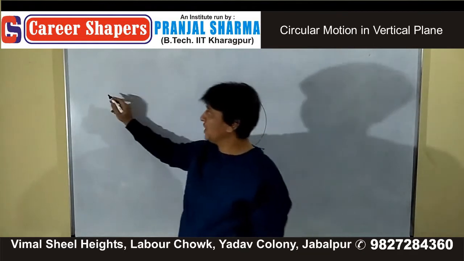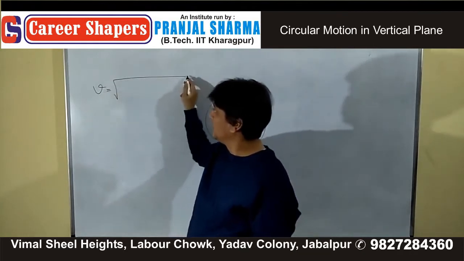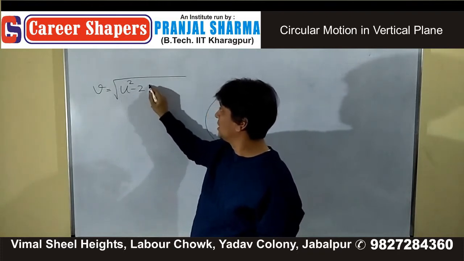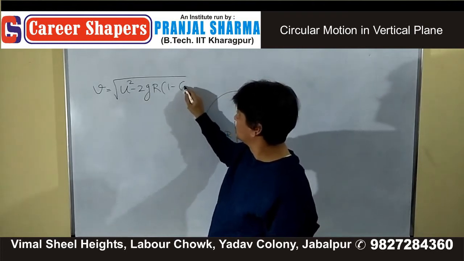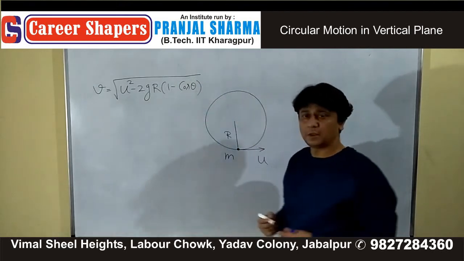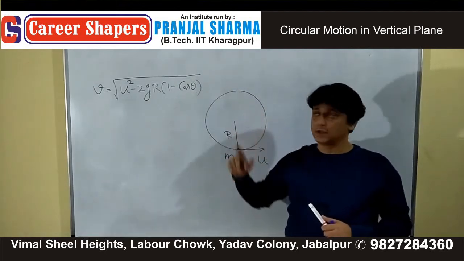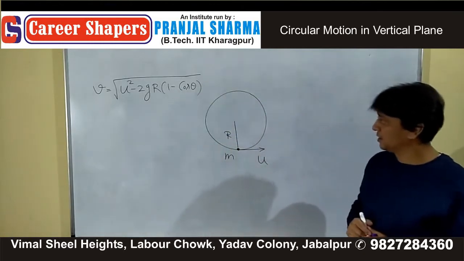Well, we have the information of V. V is root over U square minus 2gr into 1 minus cos theta. That's your V. After it moves an angle of theta, that's the velocity in terms of initial velocity and theta.